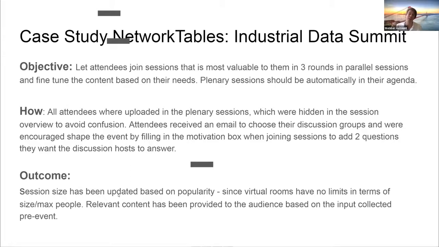You can say, okay, this startup case, where there are only 15 people in a workshop room, is now fully booked, and I think we should put them on the main stage. Since virtual rooms have no limit in terms of size and maximum number of people, you can easily scale it up or scale it down.